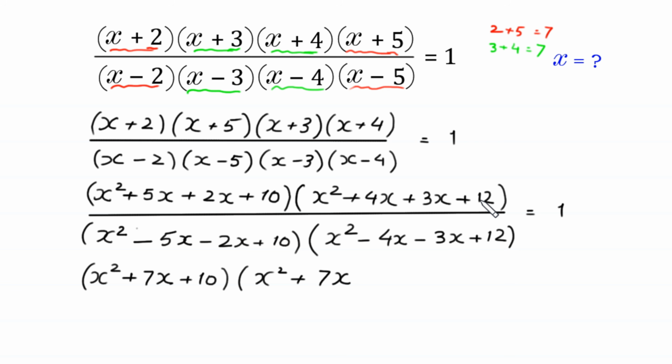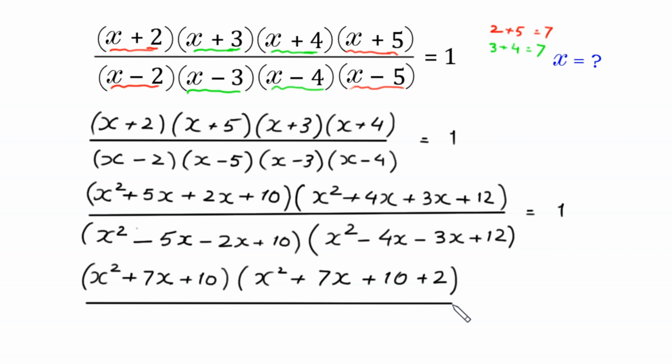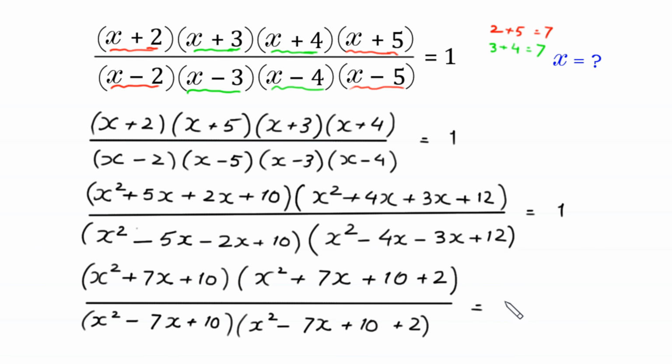We can write this plus 12 as plus 10 plus 2, divided by, this x squared remains same, x squared, and this negative 5x minus 2x, minus 7x, and plus this 10, plus 10, times, this x squared remains same, x squared, this negative 4x minus 3x, minus 7x, and we can write this plus 12 as plus 10 plus 2 is equal to 1.